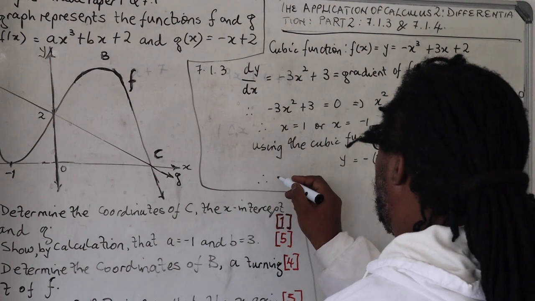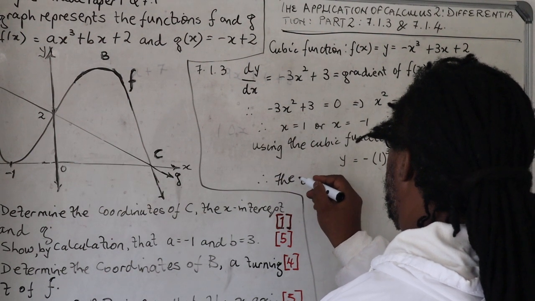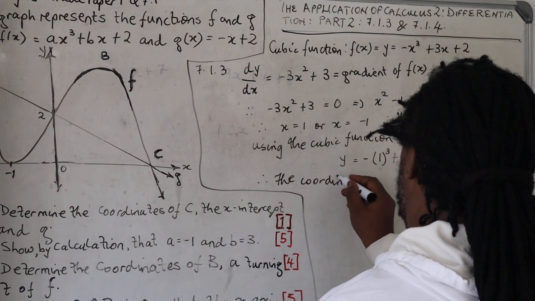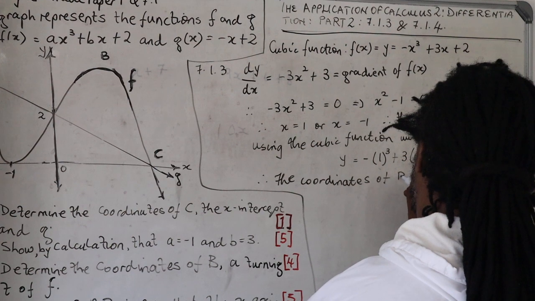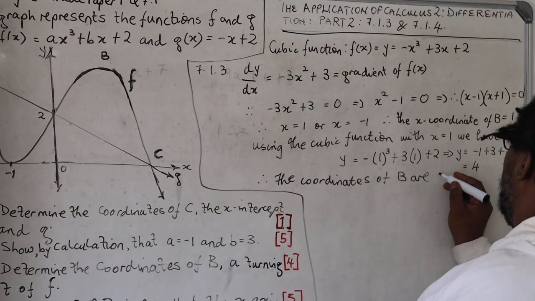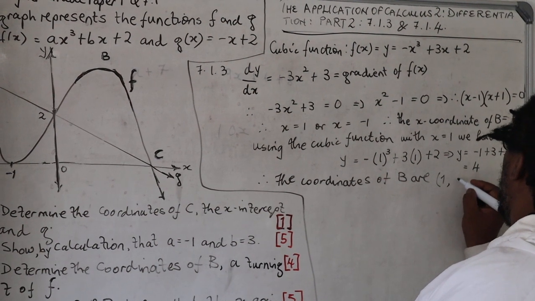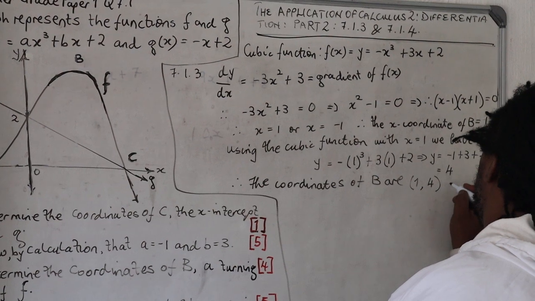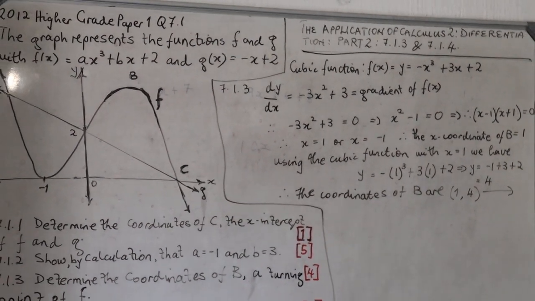And therefore, the coordinates of B are x is 1 and y is 4, and that's the solution to that question.